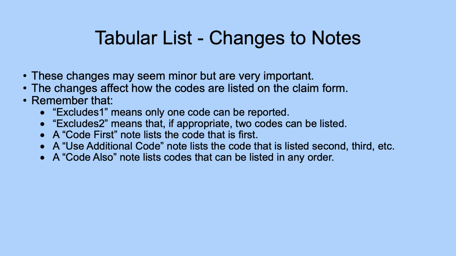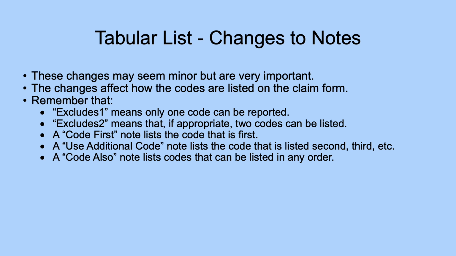Changes were also made in the tabular list for codes, for the notes under the codes. These changes may seem minor, but they're really important. They affect how the codes are listed on the claim form and whether or not the codes can be listed on the claim form. Remember that Excludes1 means only one code can be reported. Excludes2 means that if appropriate, two codes can be listed.